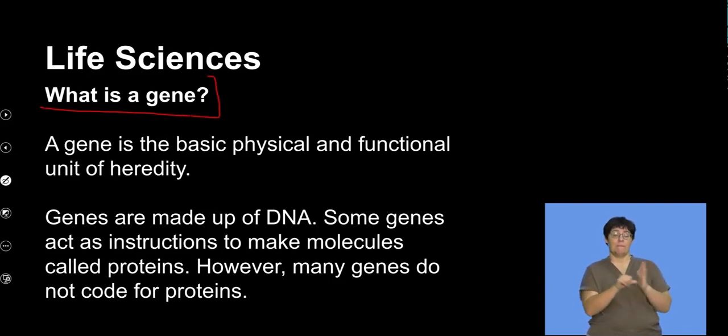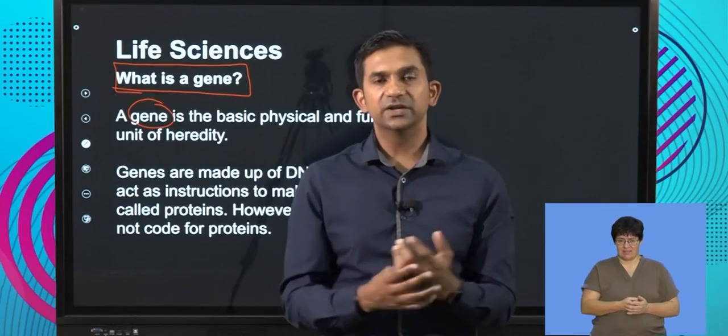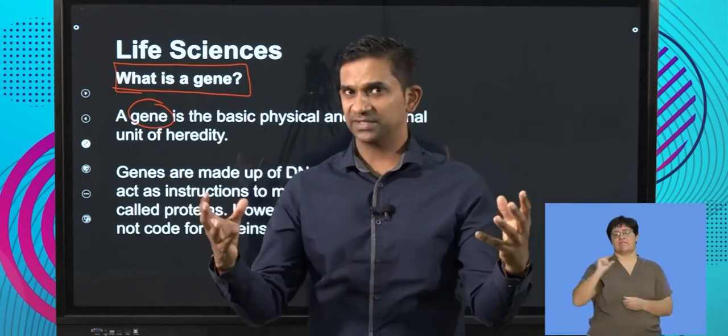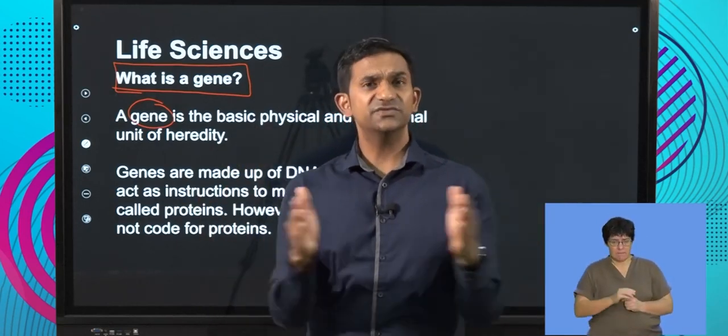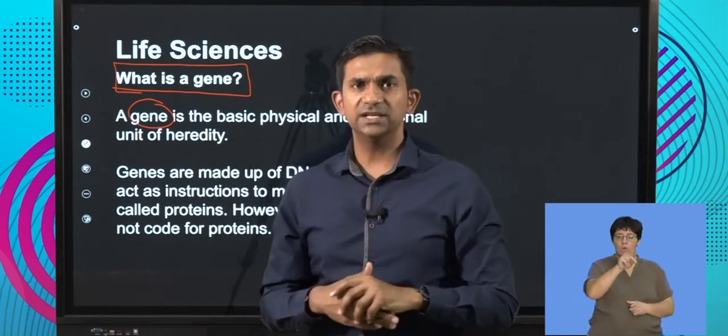This is crucial to us moving forward. The concept of a gene. What is a gene? And often when we look at DNA, we refer to DNA containing genes. It's important that we understand that a gene is a sequence of DNA that has a special meaning or codes for a unique function.